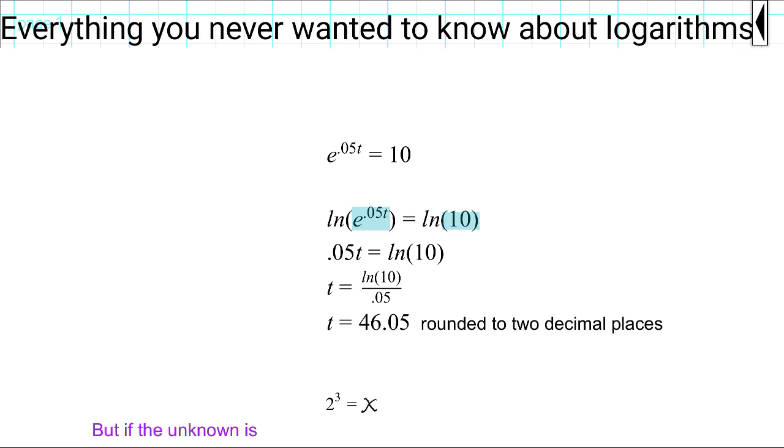Okay, up until now, I've only been using logarithms as some kind of a mysterious function that somehow will undo the exponential function.